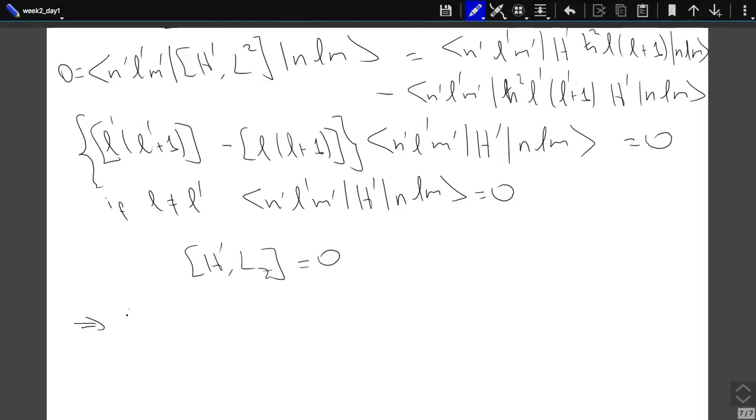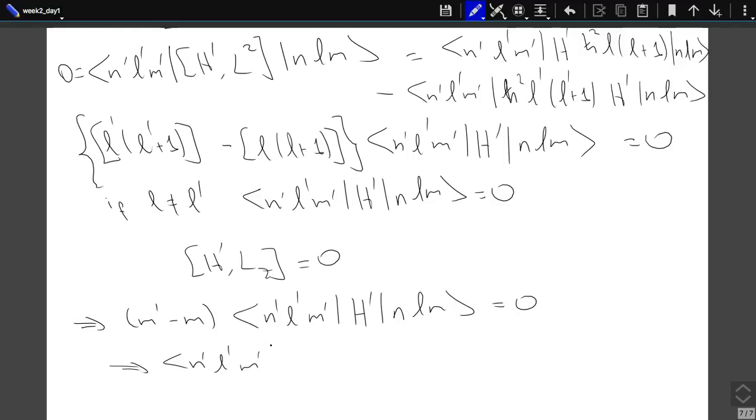And that tells us m prime minus m times the matrix element n prime, l prime, m prime, H prime, n, l, m should be equal to 0. Well, it means the matrix element n prime, l prime, m prime, H prime, n, l, m is equal to 0 if m is different from m prime.